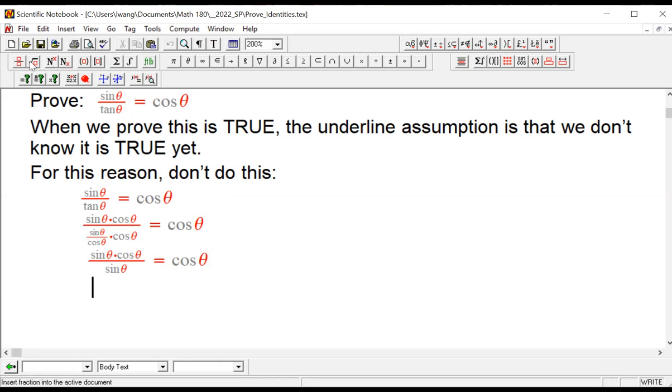In the end, the student writes cosine theta equals cosine theta.